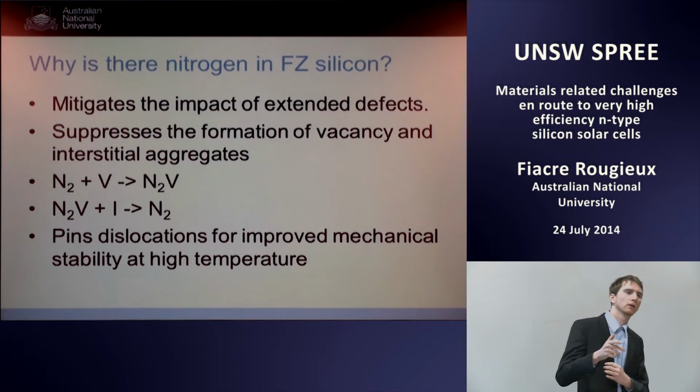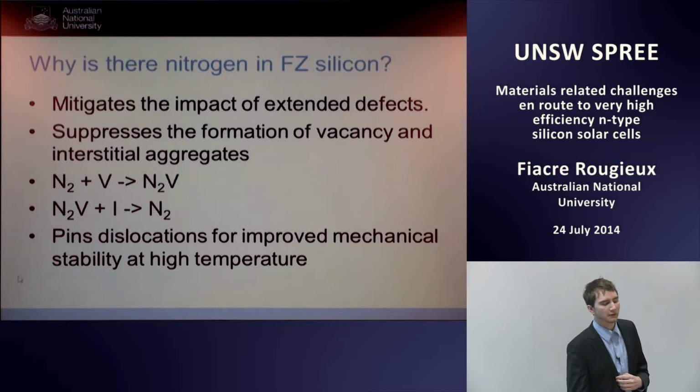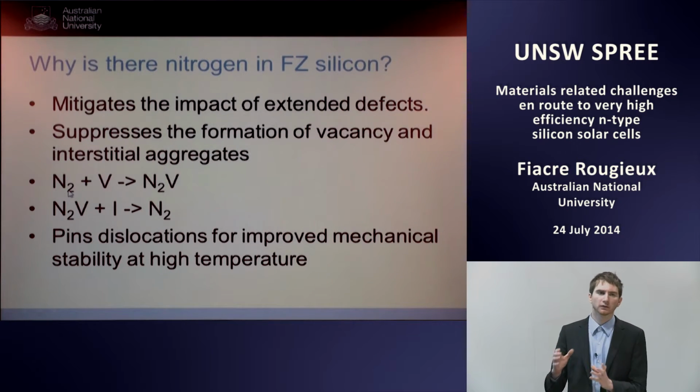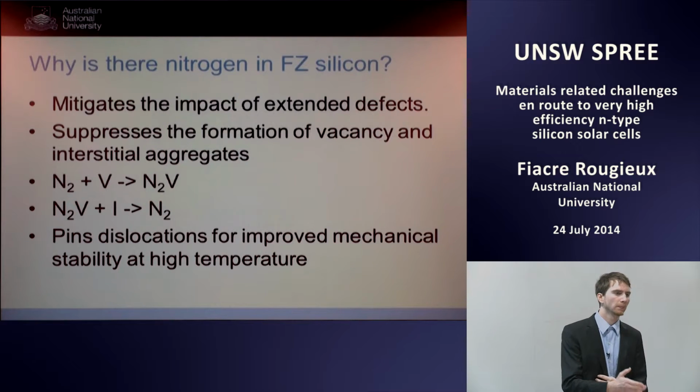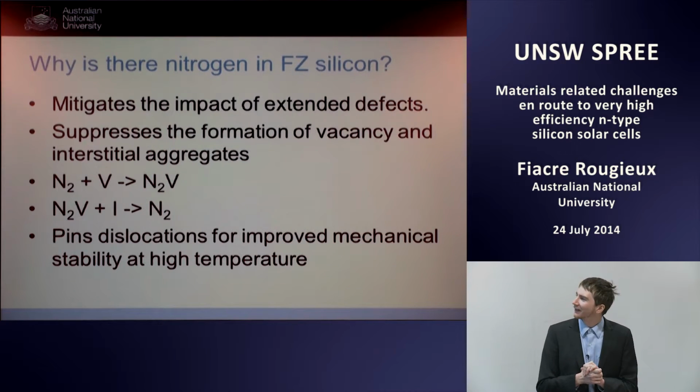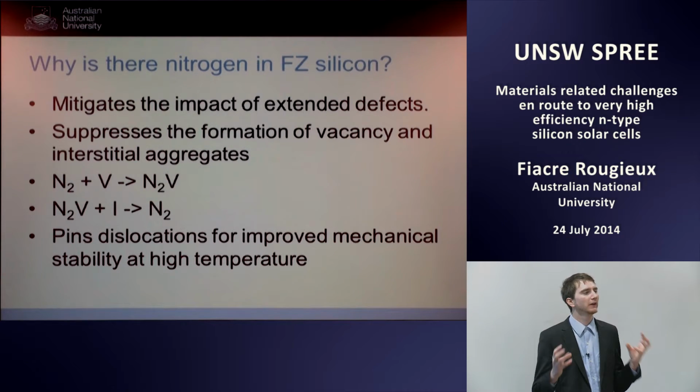So we use nitrogen, and as you can see here, nitrogen or dinitrogen, which is the dominant species of nitrogen in silicon, pairs with vacancies to form vacancy-nitrogen complexes. And those vacancy-nitrogen complexes basically stop vacancies from aggregating and forming voids.